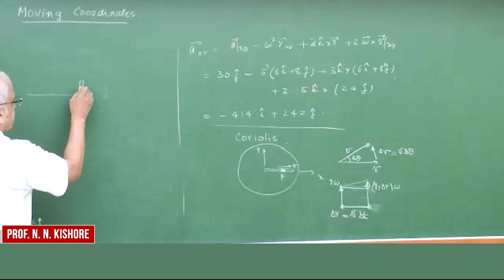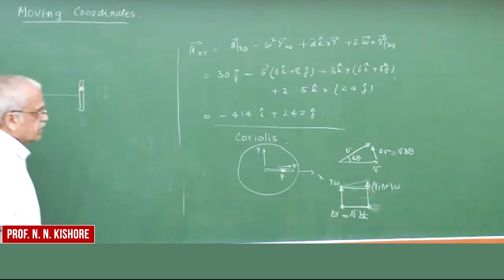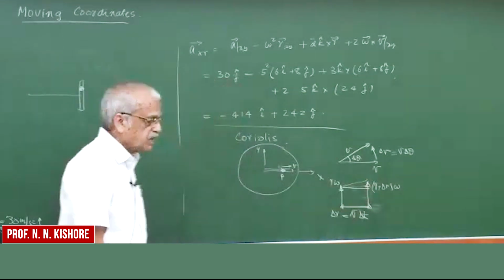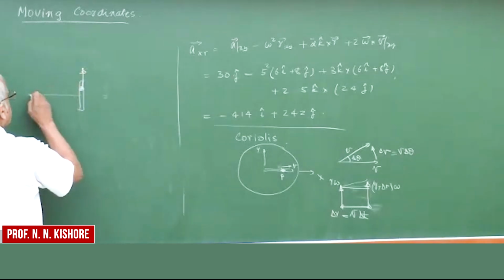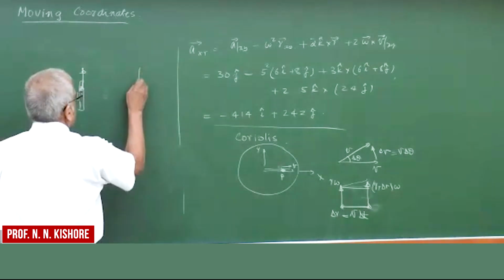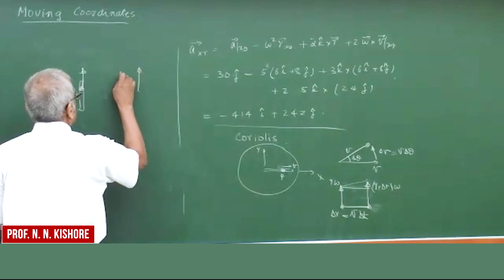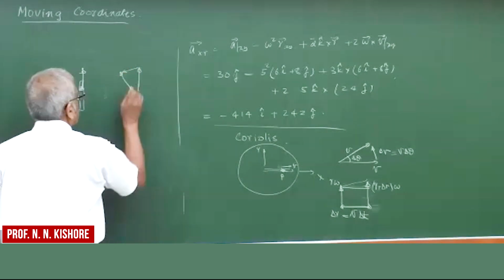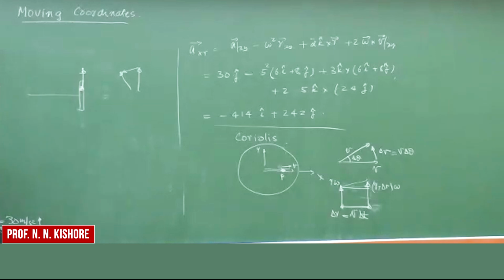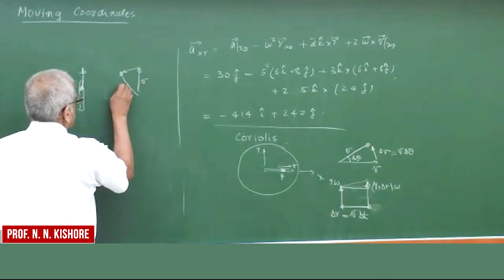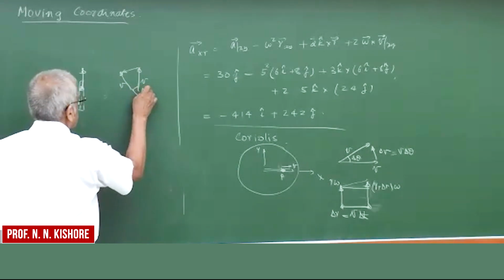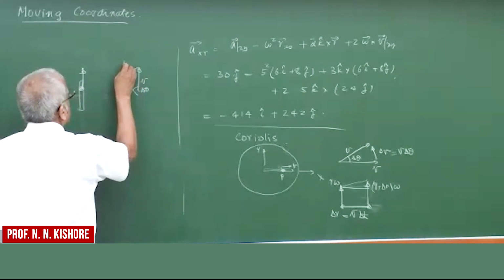so what is that which we have here? We have the first one, for example, is a V, and V is changing by a certain delta theta, and this becomes V delta theta.